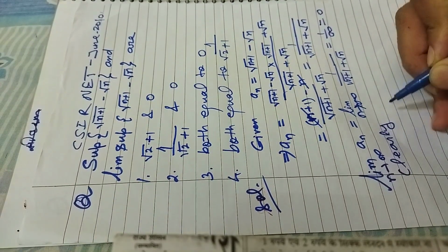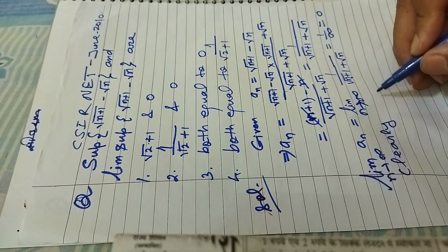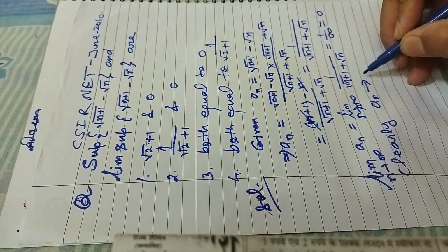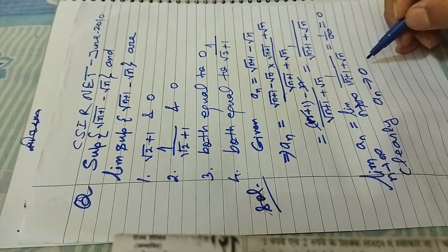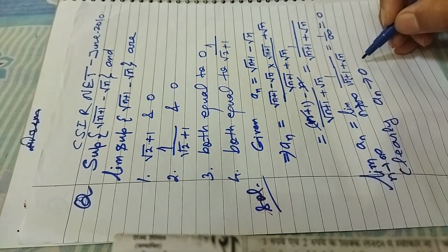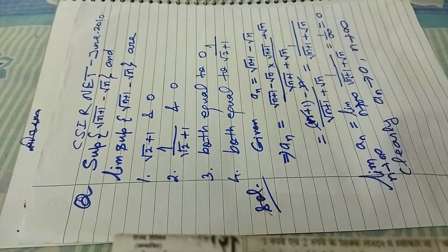Clearly, limit of an tends to 0 as n tends to infinity.